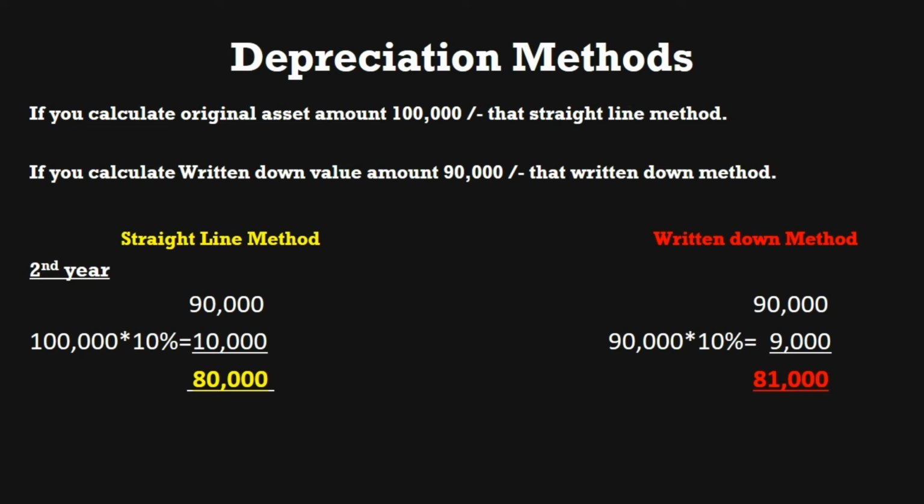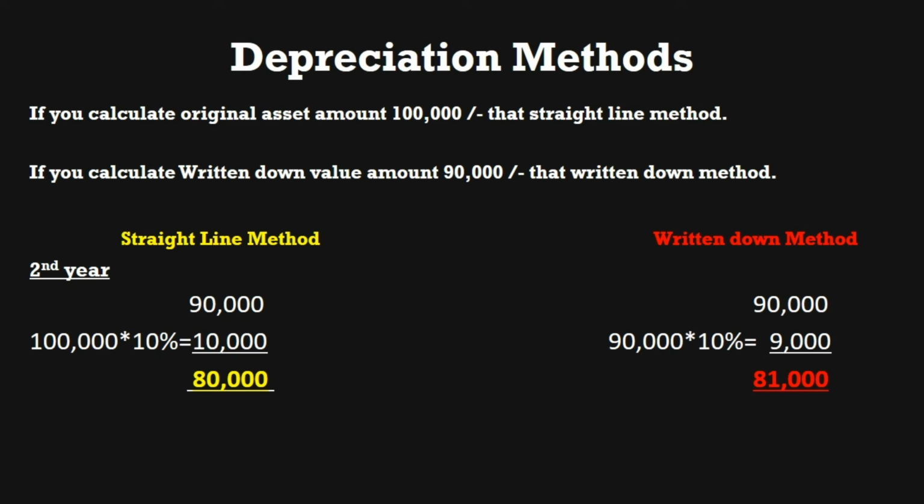Straight line takes the original value of 1 lakh, but written down takes the written down value, which is the machinery amount after deducting depreciation, 90,000. So 90,000 into 10% is 9,000. It's very easy for the straight line method. Written down is also very easy, but don't get confused. That is the main thing.